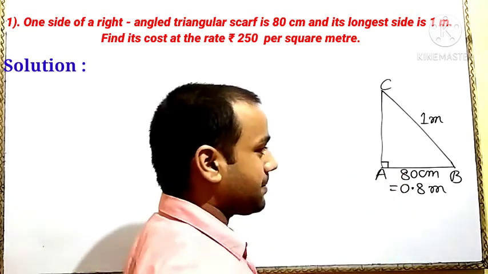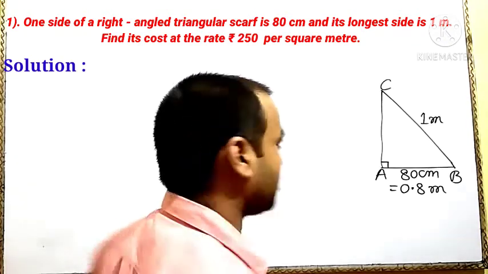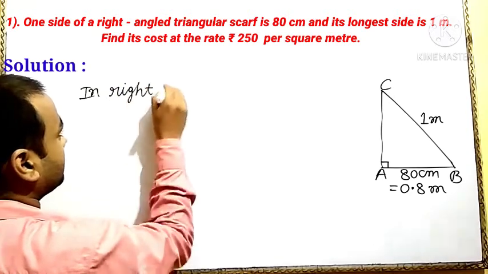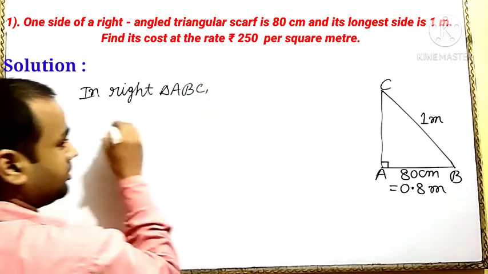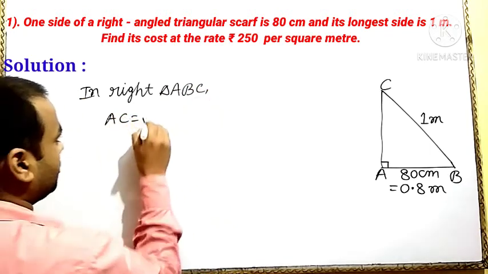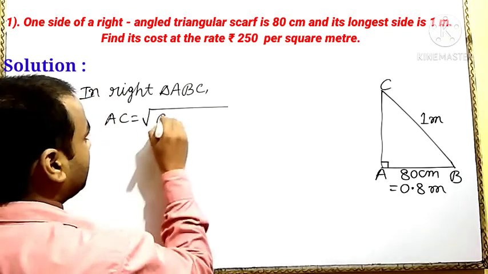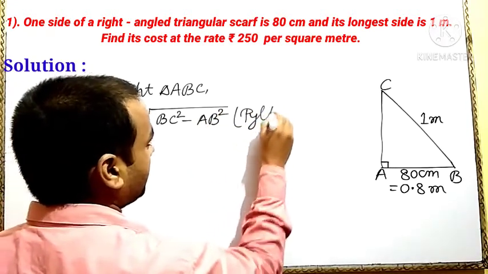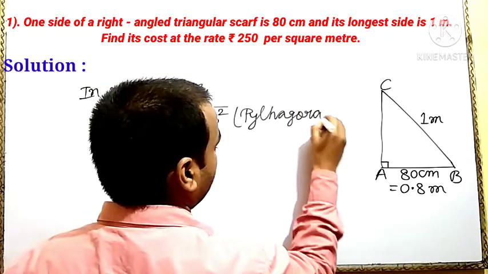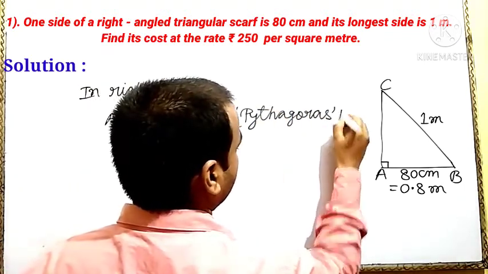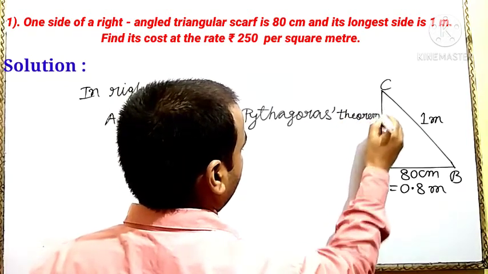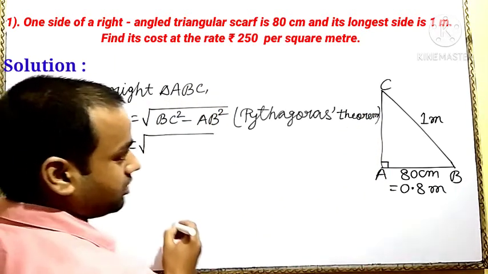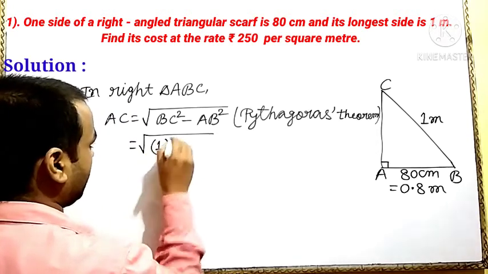So find here AC by Pythagoras theorem. In right triangle ABC, AC is equal to the square root of BC square minus AB square by Pythagoras theorem. Here BC is equal to 1, the square of 1.